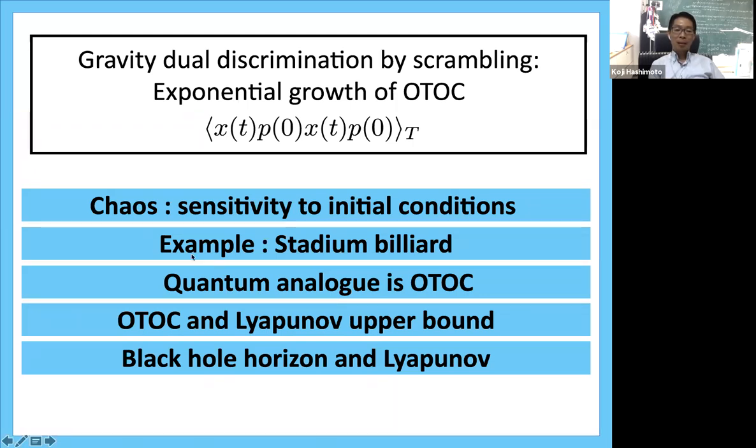Then the example of the stadium billiard is introduced so that later I can quantize it. Then I'll discuss the quantum analog of the Lyapunov exponent in classical chaos, which is the OTOC. There is a famous bound on the OTOC and Lyapunov exponent, and I'd like to relate it to the black hole horizon. One slide for each topic.